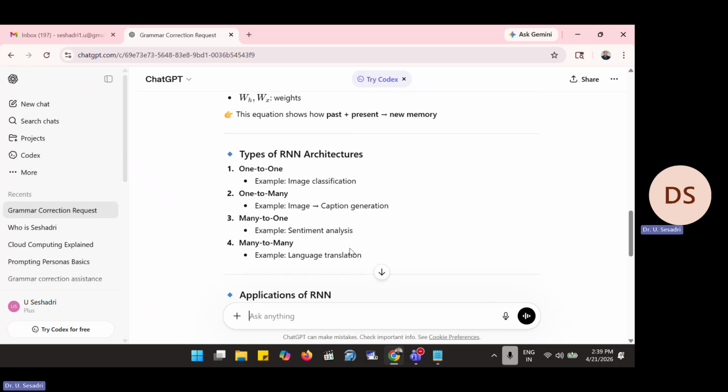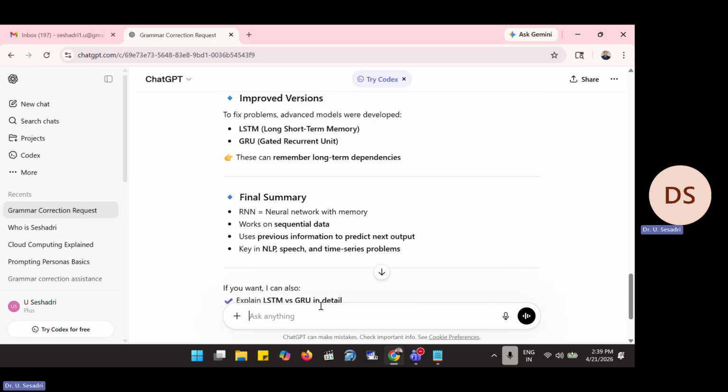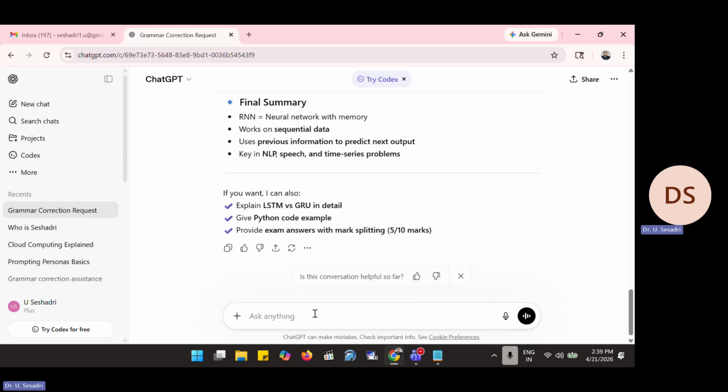Suppose we give the input like this: give me an introduction to the recurrence neural network.